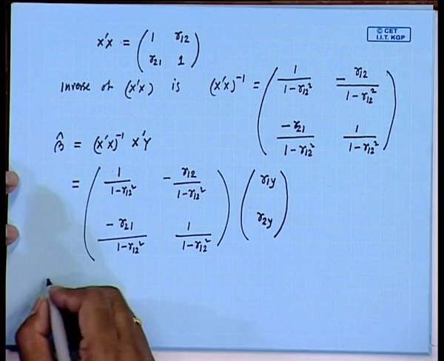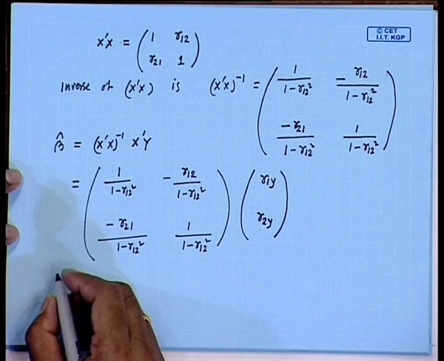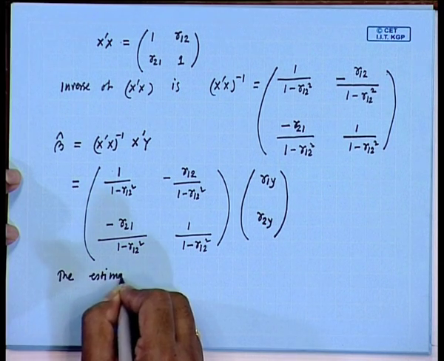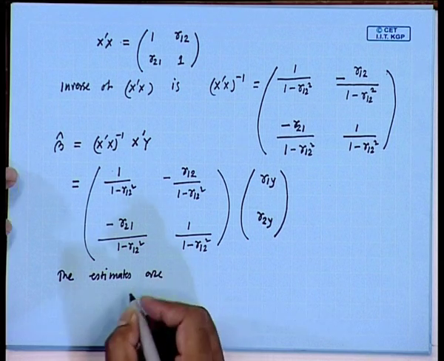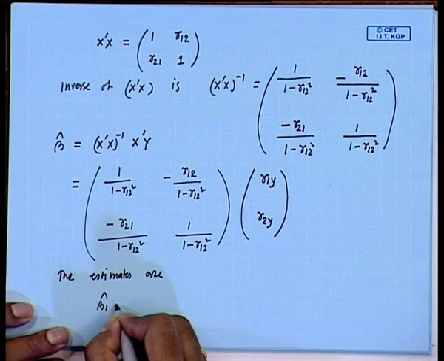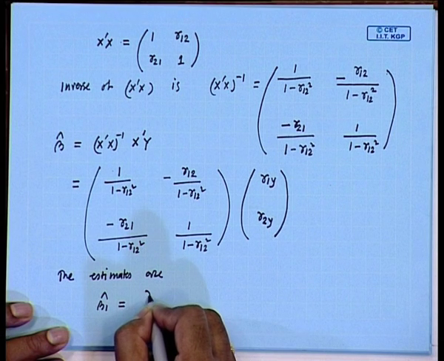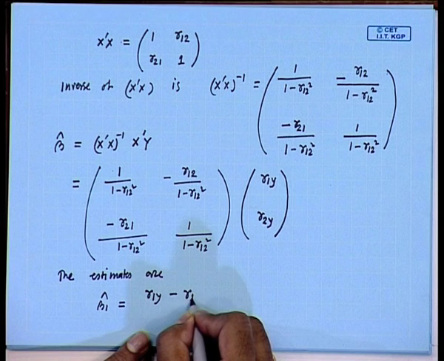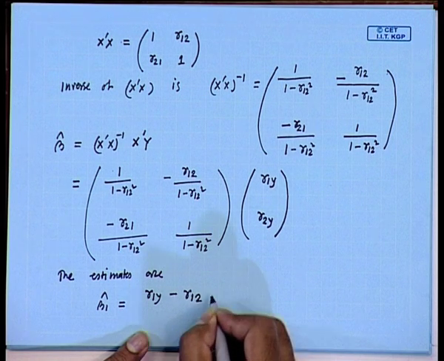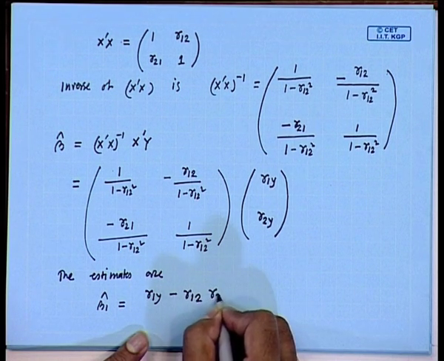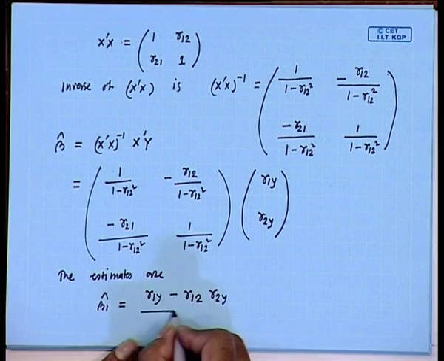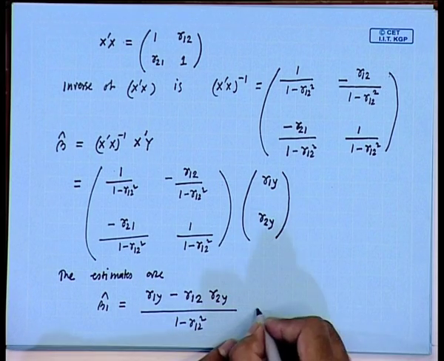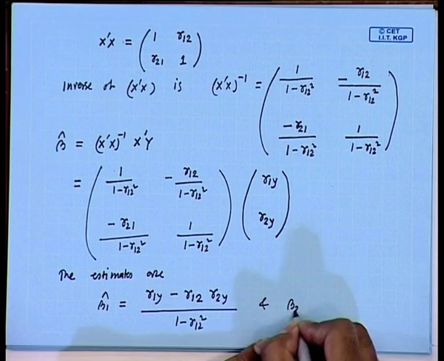From here, the estimates are beta 1 hat equal to (r1y minus r12 r2y) by (1 minus r12 square), and beta 2 hat is (r2y minus r21 r1y) by (1 minus r12 square).